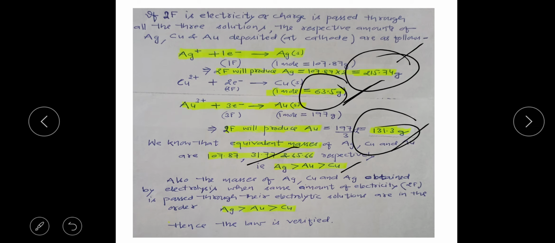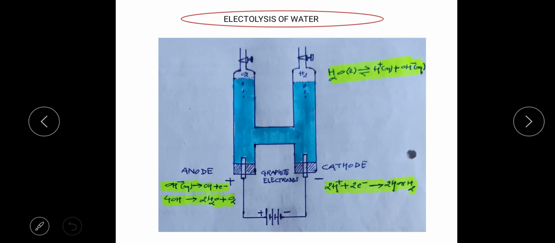Okay, next let us now discuss electrolysis of different substances. Electrolysis of water. So for electrolysis of water, we make this kind of arrangement. This is an H-shaped tube, Hofmann tube. This electrode is cathode and this one is anode, negative terminal connected to positive terminal.